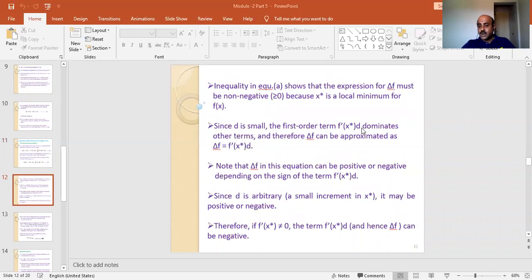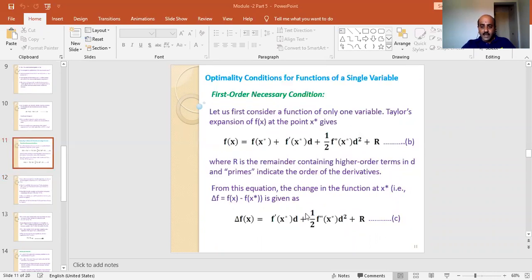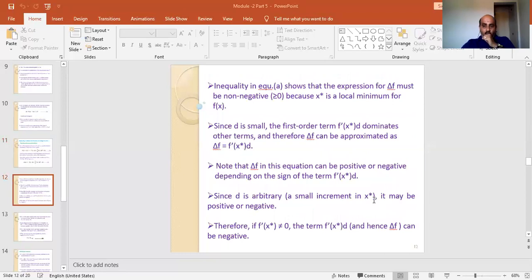We are neglecting the terms from half f double prime x star d square onwards, writing delta f as f dash x star into d only, because this term dominates the remaining terms in the series.